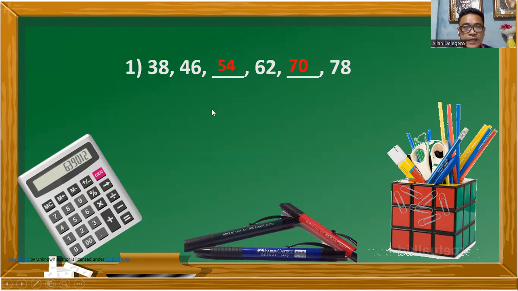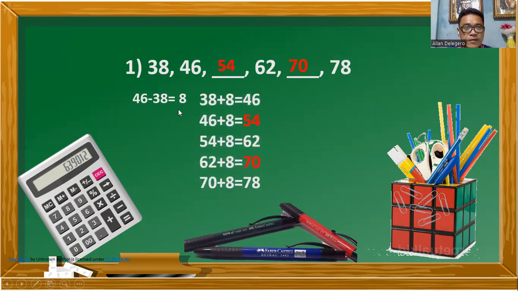How did you get the answer? Okay, you have to subtract 46 and 38. 46 minus 38 is 8. So again, the numbers here are arranged in increasing order.